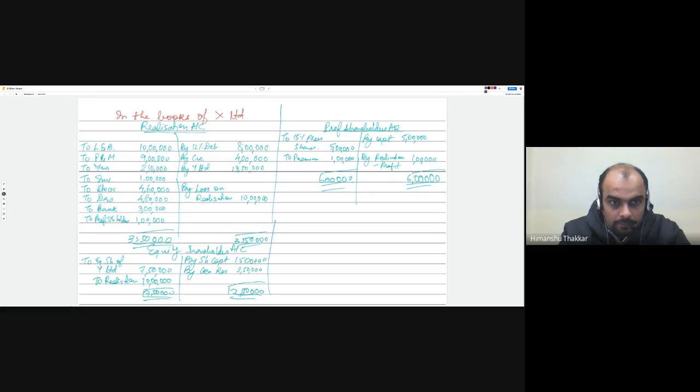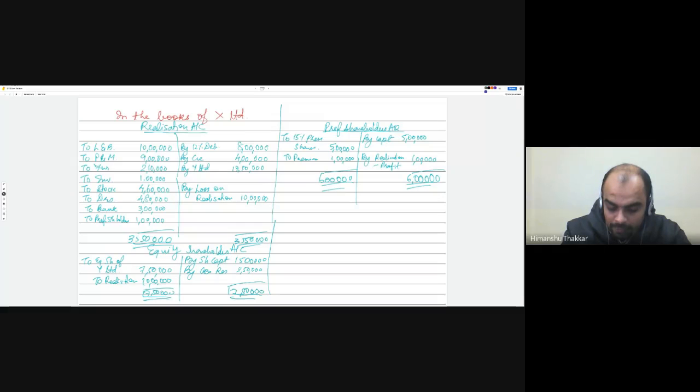Now we'll be writing regarding the assets and liabilities. So what you are getting as assets you will debit, and what you have to pay as liability you need to credit. So land and building. Now you have to write new values, right?